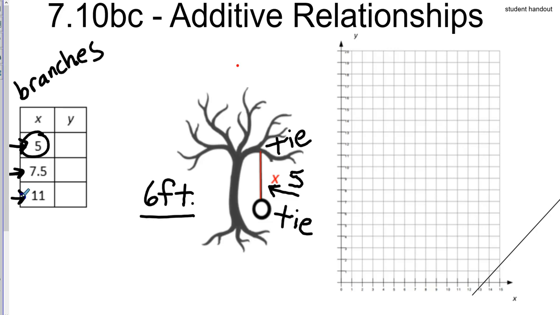So what your job is right now is to determine how much rope he's going to need for various branches. So for 5, for 7.5, and for 11, you guys are going to fill in the table. And then I want you to go ahead and graph the information from the table here, and then we'll talk about it. So again, you're figuring out how much rope he needs.